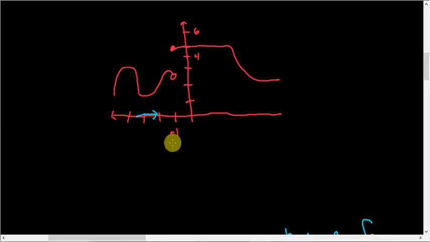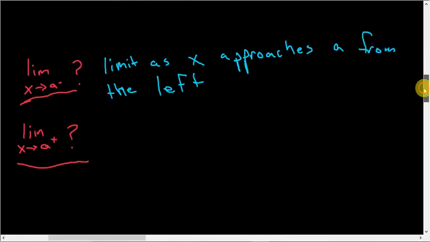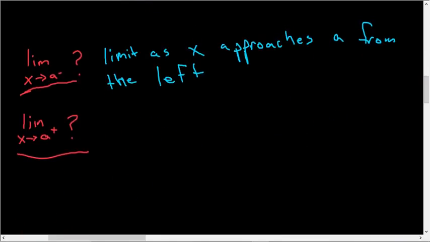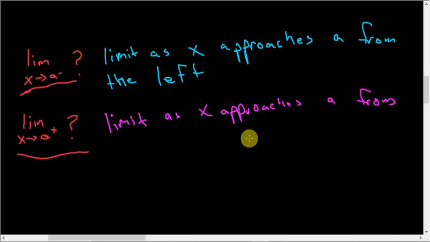Maybe I'll change my color on the other one. So what does this one mean then? Well, it's the opposite: the limit as x approaches a from the right, or more positive side.